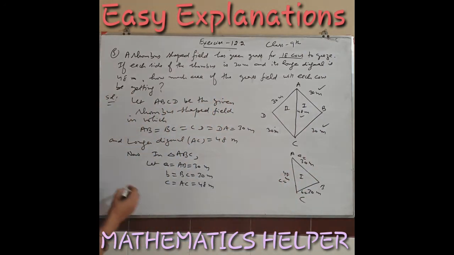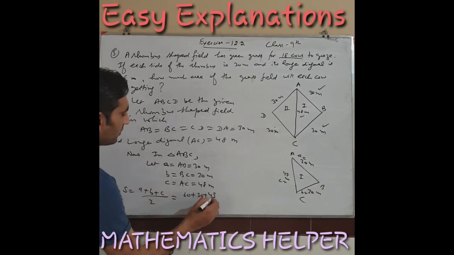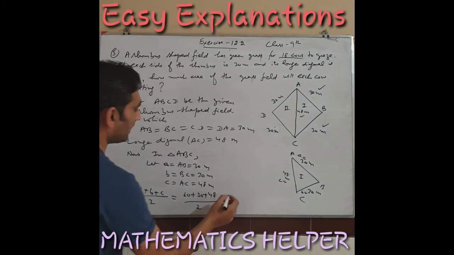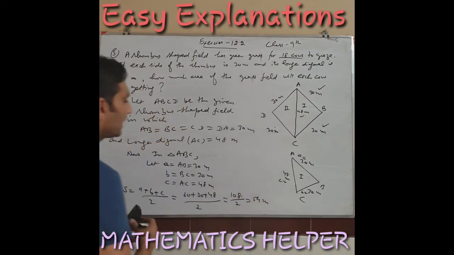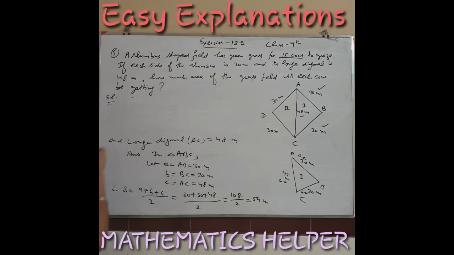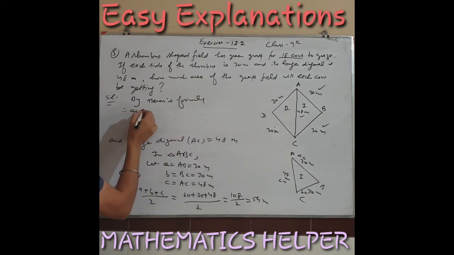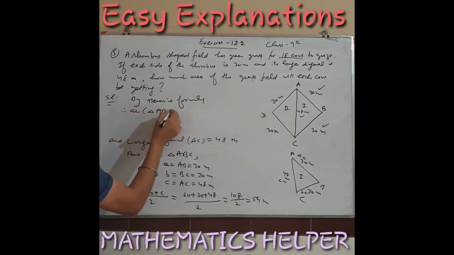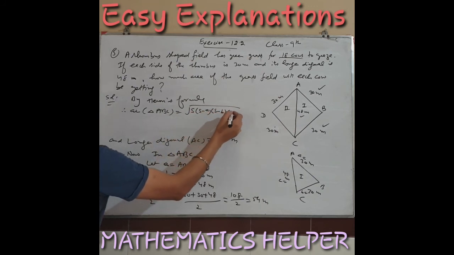Then we write the semi-perimeter always as (a plus b plus c) over 2, or (30 plus 30 plus 48) over 2. It will give 108 over 2, or 54 meters. Then go for its area. Therefore Heron's formula says the area of triangle ABC is the square root of S(S minus a)(S minus b)(S minus c).